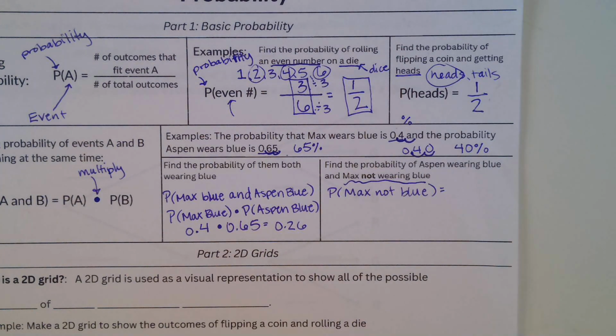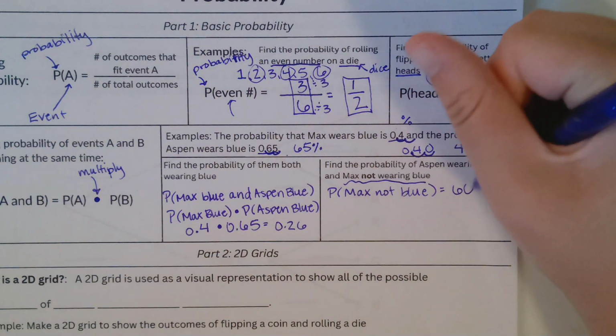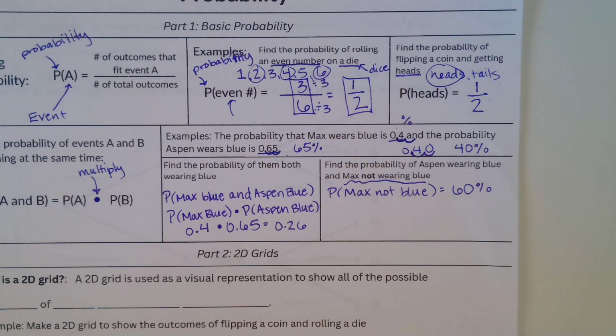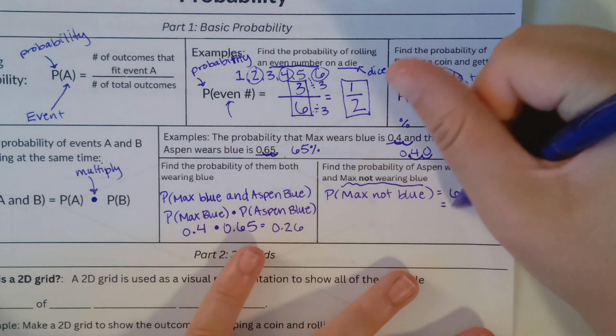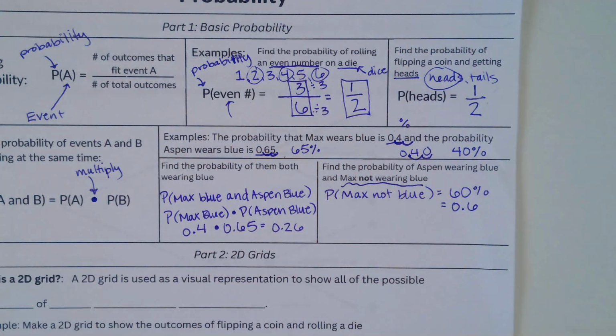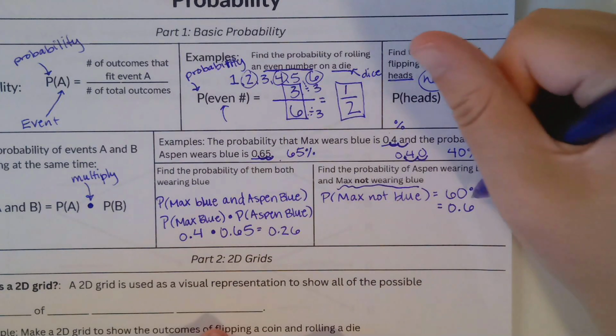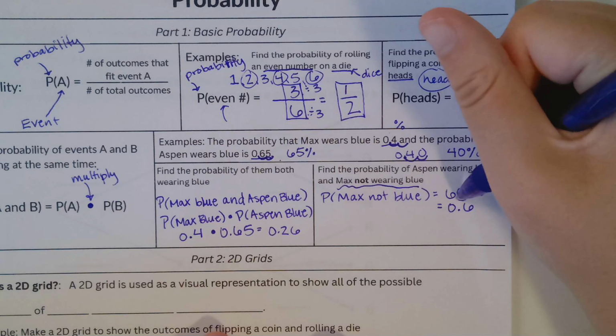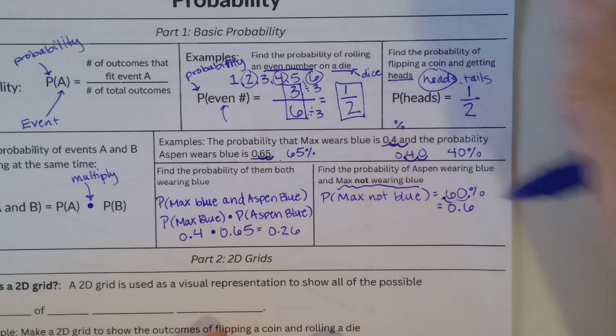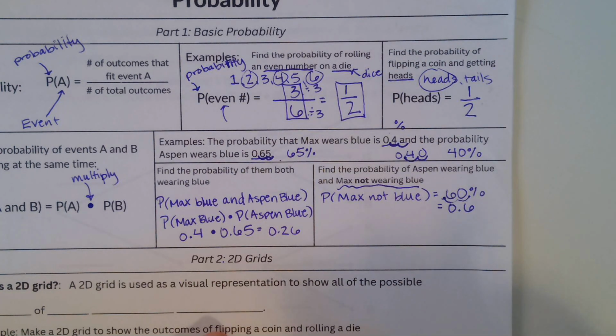If 40% of the time he's wearing blue, that means it's 60% of the time he's not wearing blue, because that's what makes it up to 100%. 60% and 40% make 100%. Which in this case is actually just the decimal, 0.6. How I did that is I took the invisible decimal at the end of 60 and moved it back 2 spots, and put it in front of the 6. So you'll see it's in front of the 6 there.